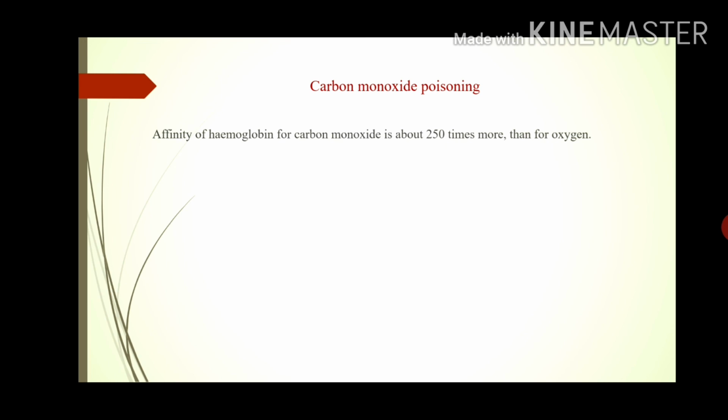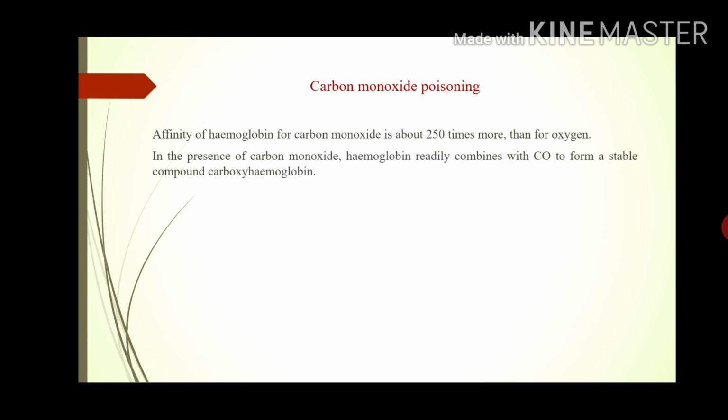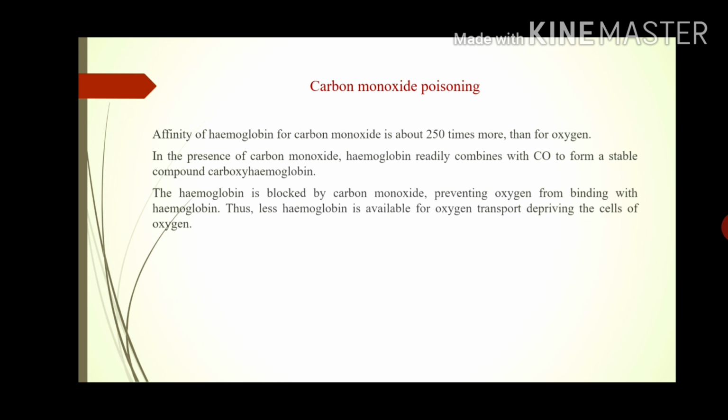This is what happens in some cases of fire, where the room is completely filled with smoke, or in a garage where there is too much smoke, or too much exhaust gases, where the air is filled with carbon monoxide. At such times, the hemoglobin, instead of combining with oxygen, combines with carbon monoxide, because of which oxygen is not available to a person, and the person may be deprived of oxygen, and it may sometimes prove to be fatal.